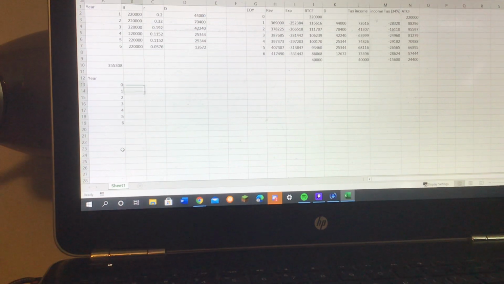Again, all the way up to 6. So our after tax cash flow. And then our last one will be our after-tax cash flow, this is just the conversion for it.